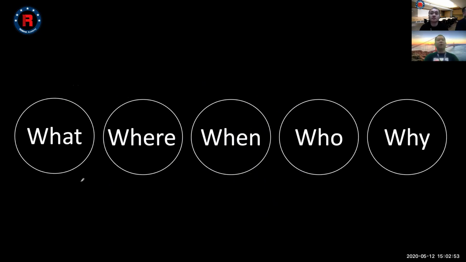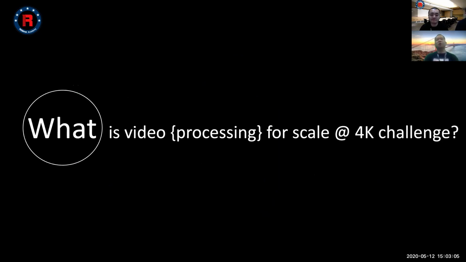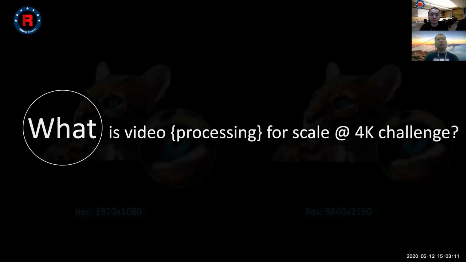The 5W includes what, where, when, who, and why. Firstly, we will come to the first one: What is video processing for scale at 4K challenge? What is the 4K challenge?